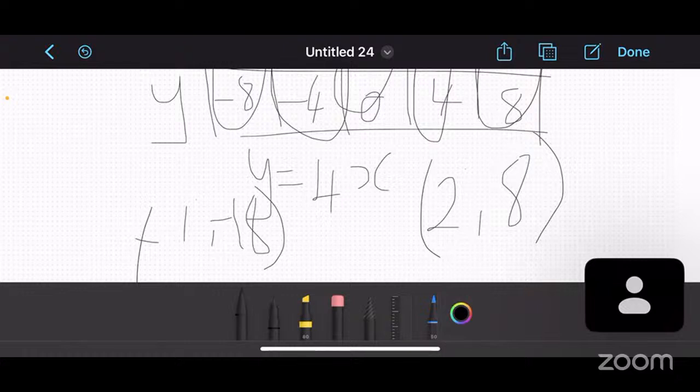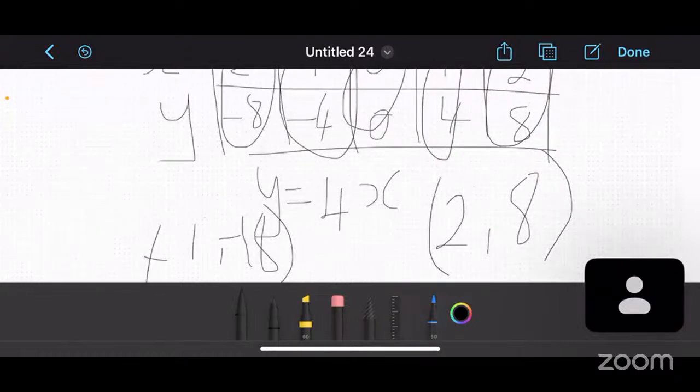And then after doing that, the next thing that you're going to do is to connect the dots in order to achieve your line graph. Do we have any questions so far? No, ma'am. Any questions from your side?